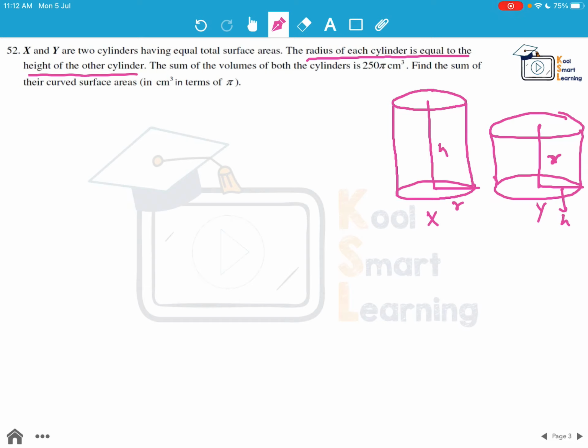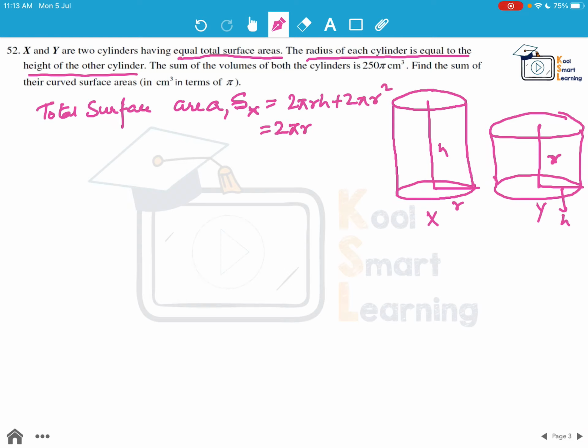Now it is mentioned that they have equal total surface area. So what is the total surface area? Let's call it Sx for cylinder x. This is 2 pi rh plus 2 pi r square, or we can also write it as 2 pi r into h plus r. So this is the formula for the surface area of a cylinder. For surface area of y, this becomes 2 pi rh plus 2 pi h square.